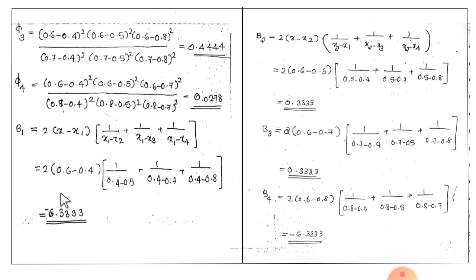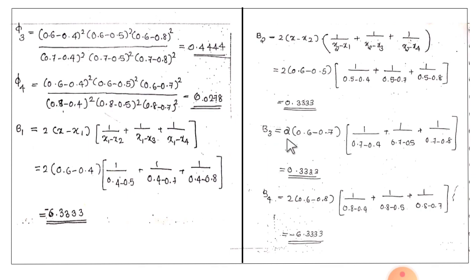You can find the value for b1 as minus 6.3333. Next you have to find b2. So b2 is given as 2 into (x minus x2) into (1 by x2 minus x1 plus 1 by x2 minus x3 plus 1 by x2 minus x4). So substitute the values and find the value for b2.